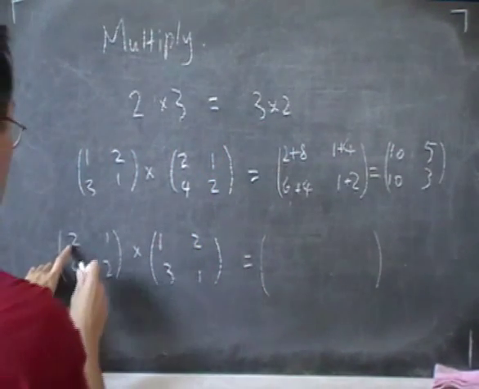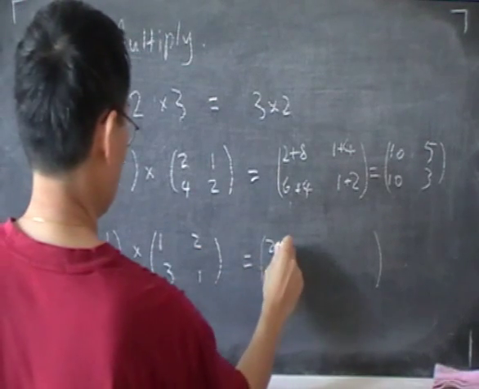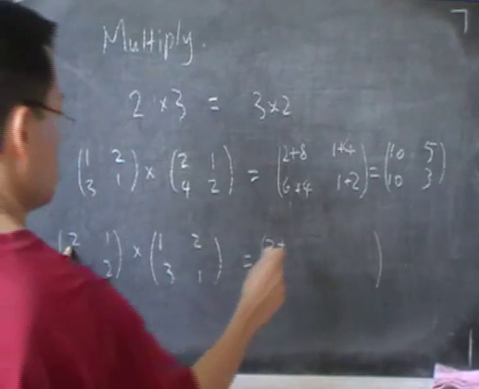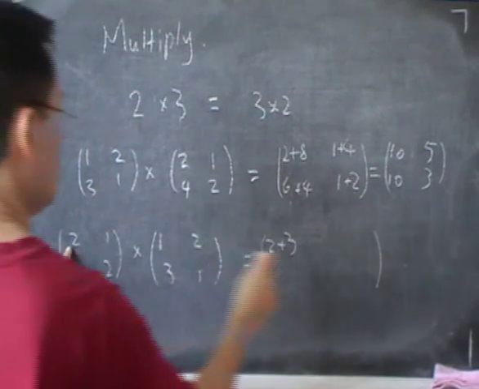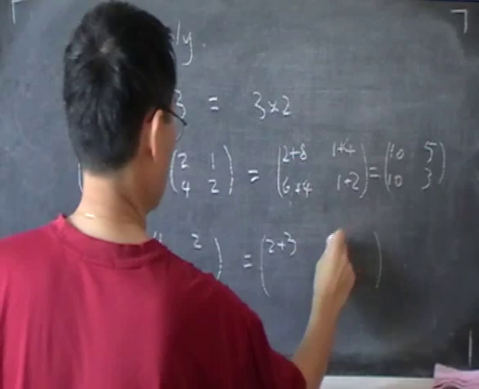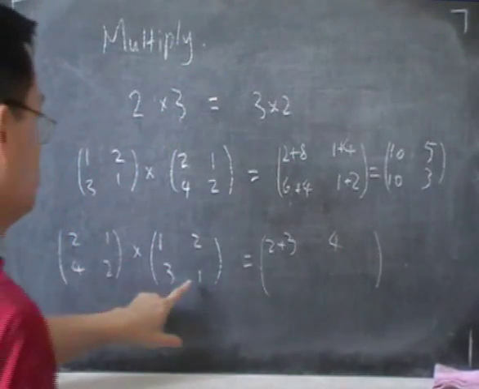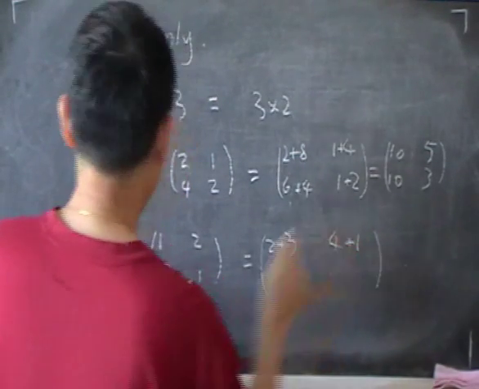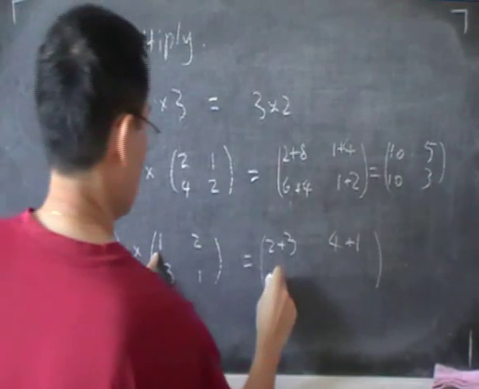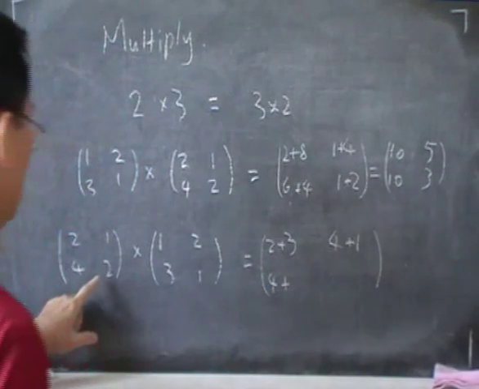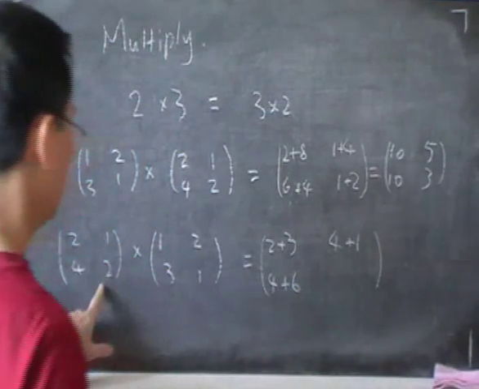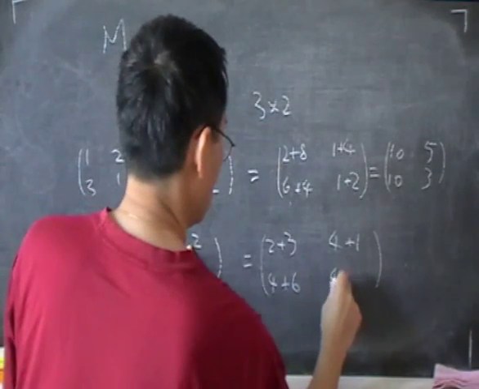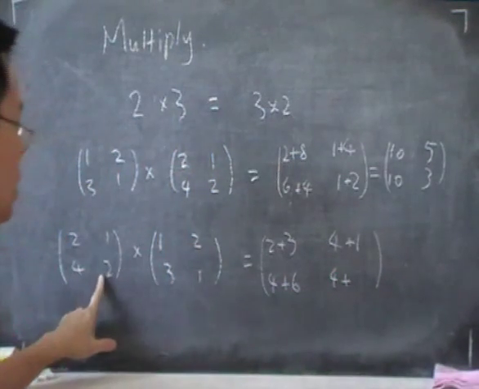Alright. 2 times 1 plus 1 times 3. 2 times 2. 1 times 1. 4 times 1. 2 times 3. 2 times 2. 2 times 1.